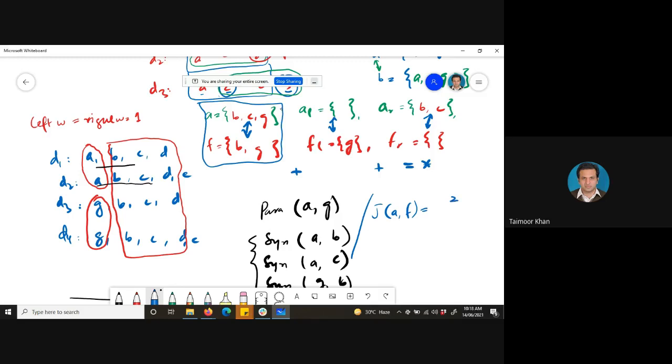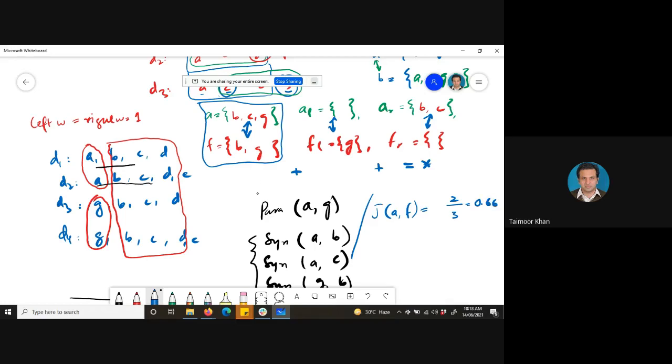So we have 2. And in total we have B, C and G. So we have 3 words as the combined context of A and F, out of which 2 are similar. So we can say that their paradigmatic association score is 0.66.